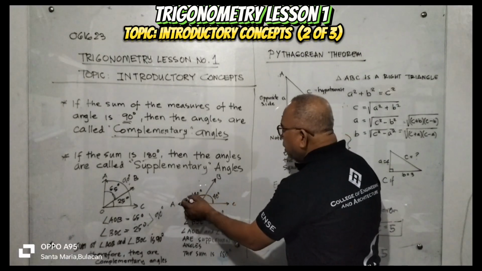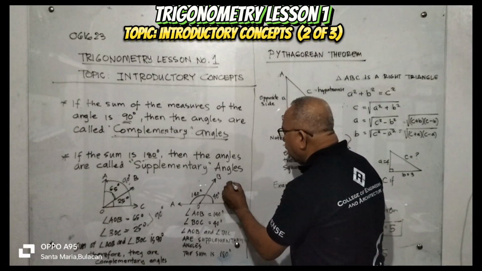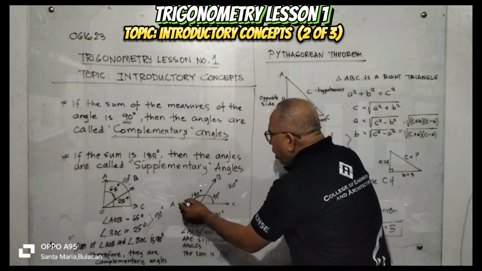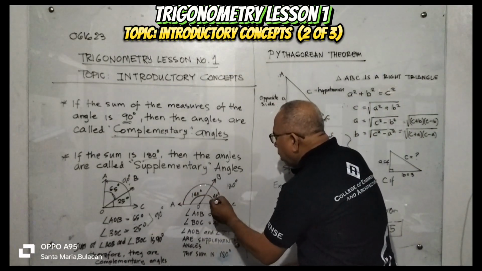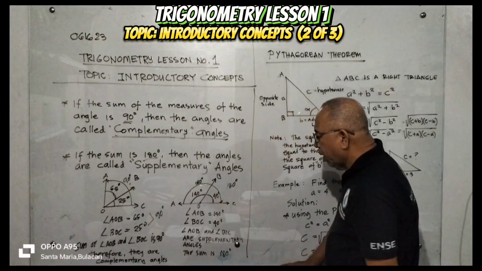Then if you add 140 and 40, it is 180 degrees. So 180 na kaagad. So therefore, from here going to that direction is 180 degrees.